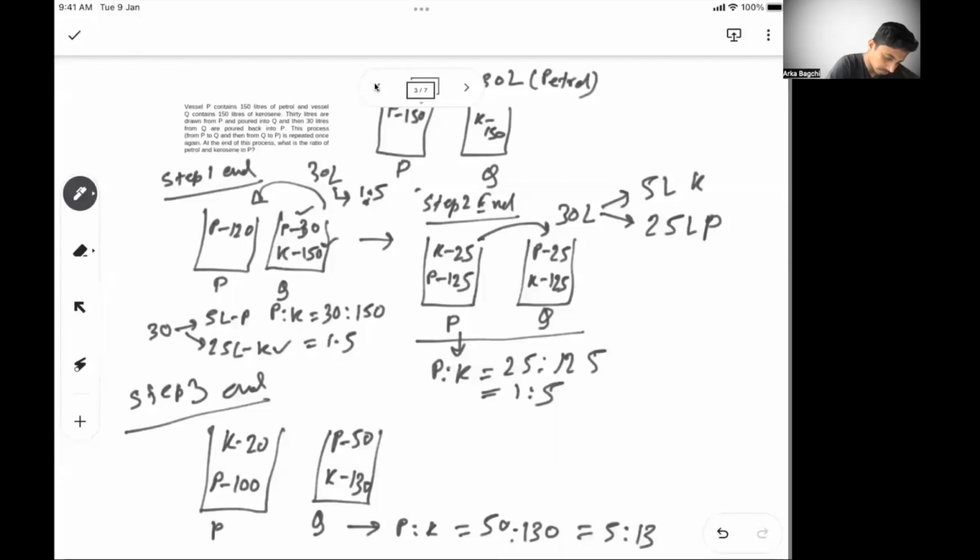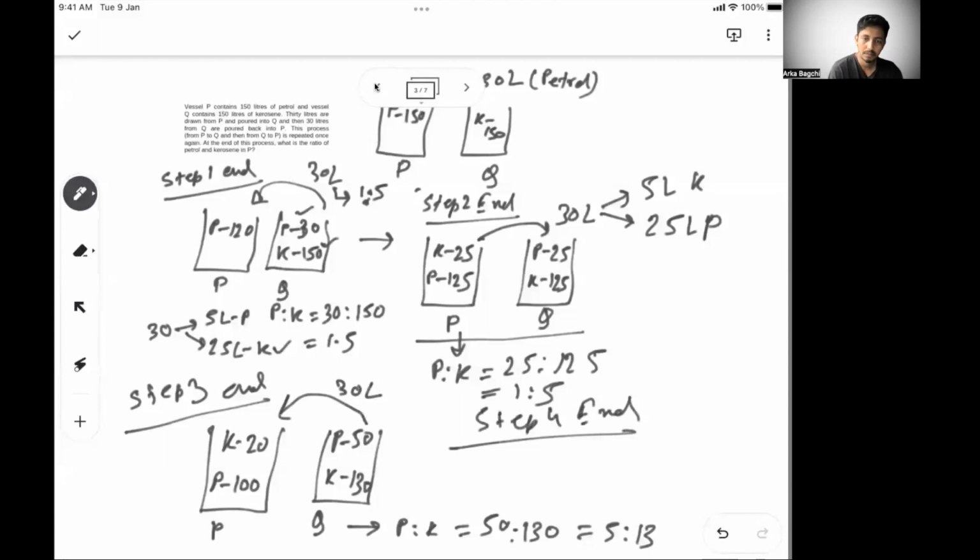Now again, what we'll do at the last step, in the step 4 end. So what is the question? The question is, what is the ratio of petrol and kerosene in P? So you have to add back another 30 liter. In this 30 liter, your petrol to kerosene should be in the ratio of 5:13.